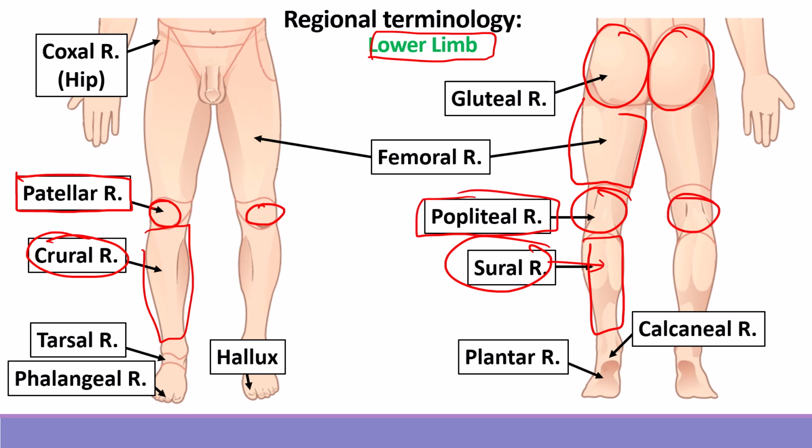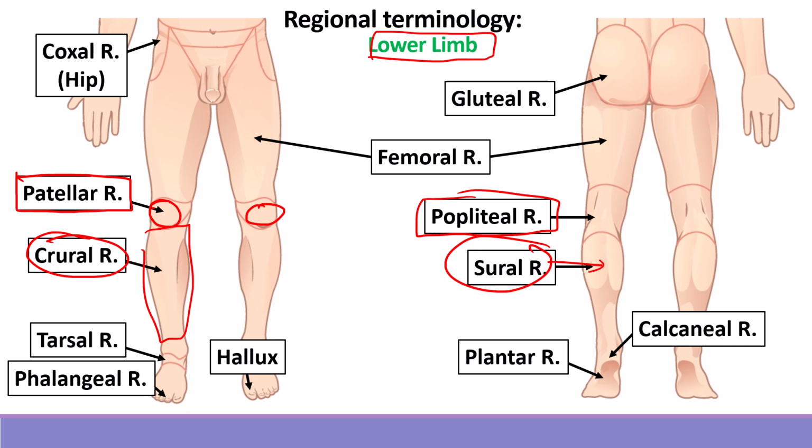Once again, it's challenging for students to learn these regions, but I'm telling you, if you learn them, you're learning more than one thing. Femoral region, the femur, the name of the bone in the thigh. Also, if you know the region, there's going to be femoral artery, femoral vein, femoral nerve.